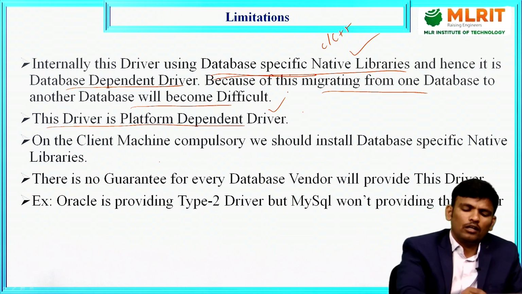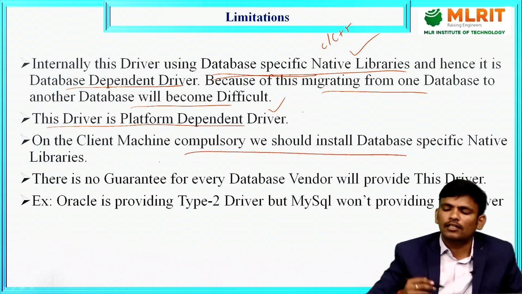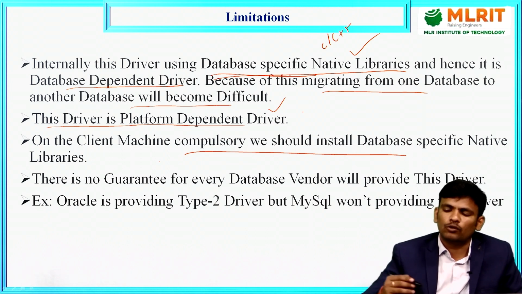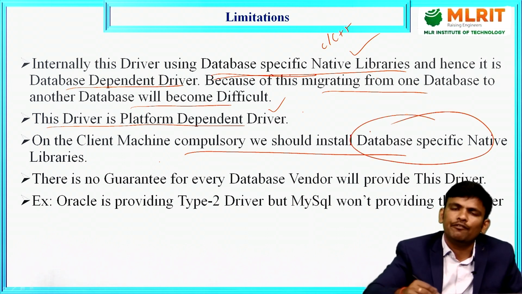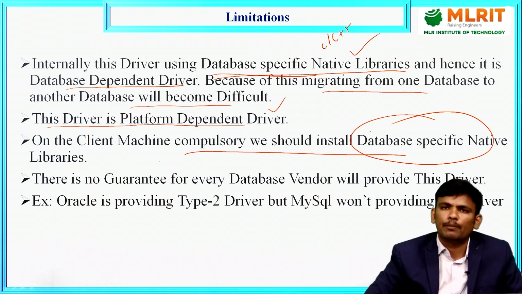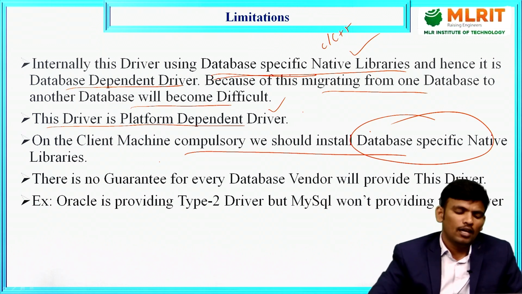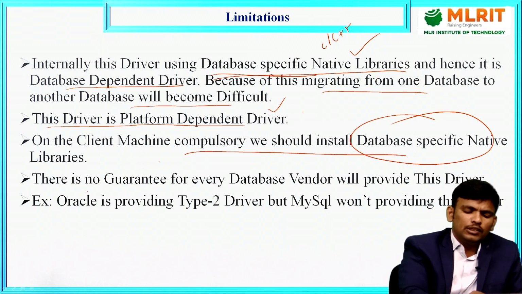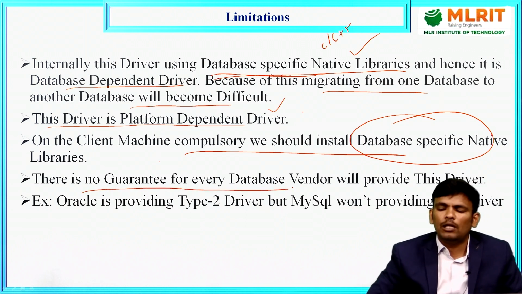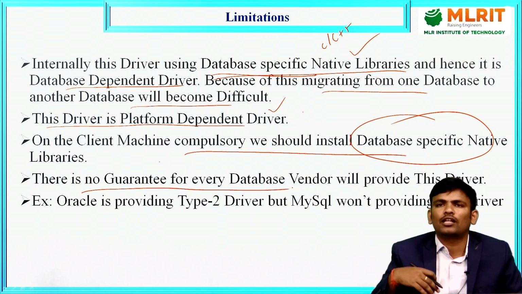Okay, so on the client machine we compulsorily should install the database specific native libraries. Explicitly we need to install them, otherwise this won't work. And the last point, there is no guarantee every database vendor will provide this driver. So the ODBC driver is replaced with the database specific native libraries, right?